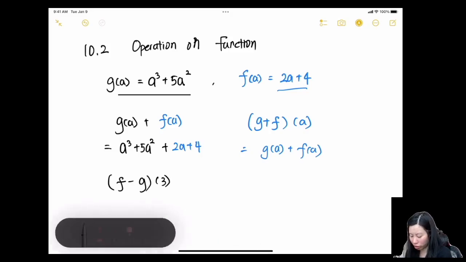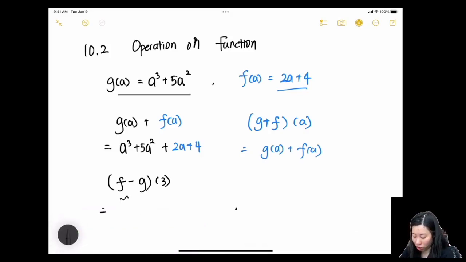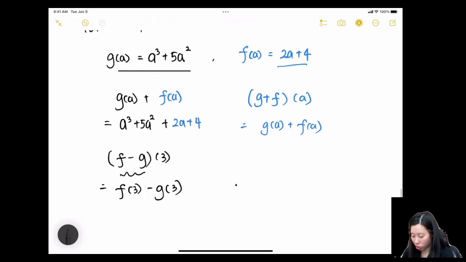First of all, you need to understand this means f of 3 minus g of 3. So now you need to think about, f of 3 equals what? Since f of a equals 2a plus 4, I believe you all know how to do this one.